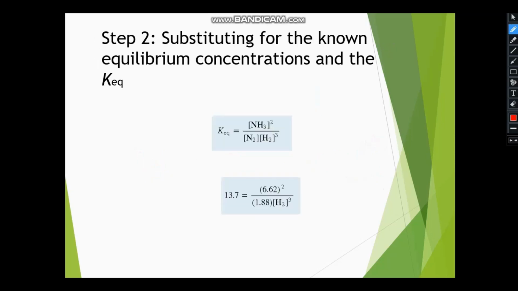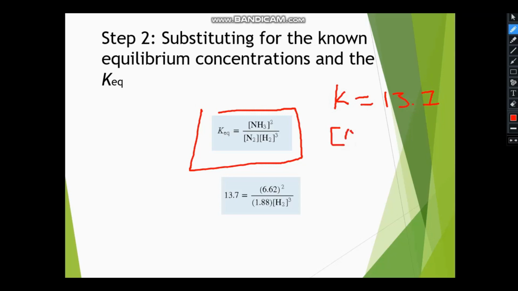Next step that we need to do is to substitute the concentrations and the K in the equilibrium expression that we have. Now remember, from the question, the K is 13.7, then the concentration of ammonia is 6.62, then the concentration of nitrogen is 1.88.